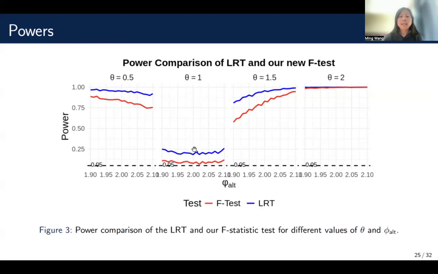If you look here, our method, the red line, shows the power is close to 0.05, which is desired. For parameters close to the true values, the power should be close to the risk of type 1 error, or the alpha level.